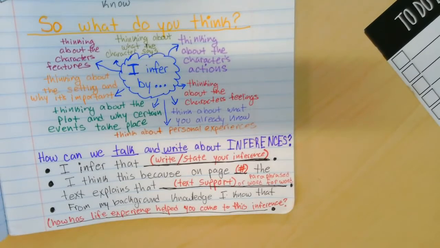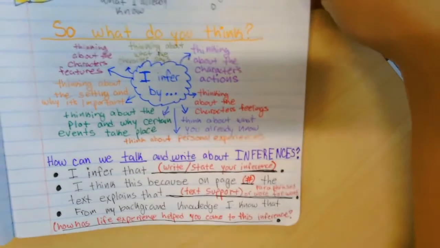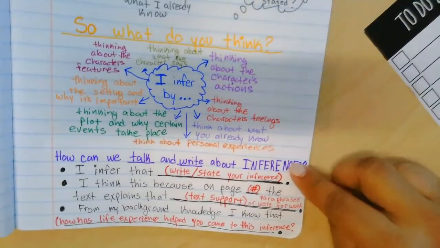So you would write things from your personal experience, something that you have witnessed, something that you have seen in your 11, 12 years of life, however old you are, something that you might have seen in a movie, in a TV show, maybe in a song, anything from your personal experience that you have acquired as background knowledge over a specific topic that can help you make your inference.